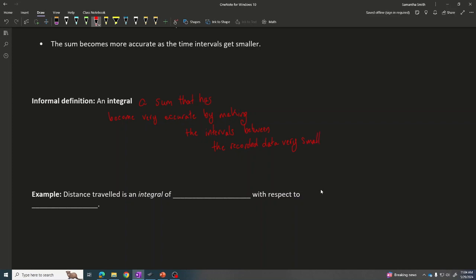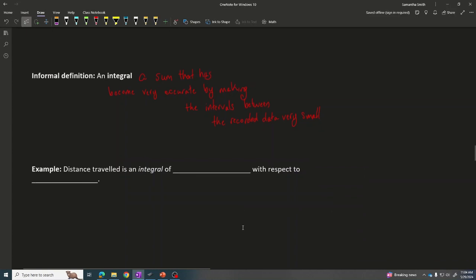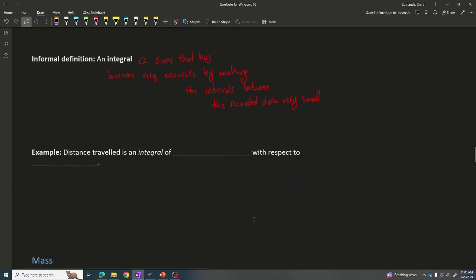To give you an example of how we would use this word in practice, in the previous scenario, we would say that the distance traveled by the car is an integral of the car's speed. In particular, we would say it's an integral with respect to time. Because we got distance traveled by adding up the car's speed multiplied by the length of time it traveled at that speed.